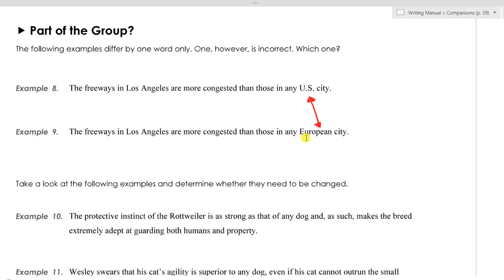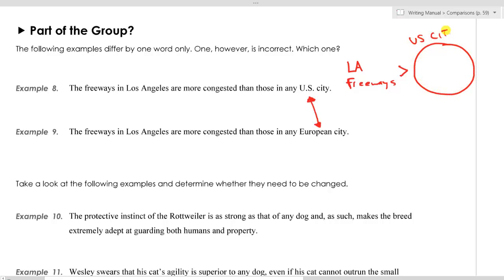So in example 8, here's what we've got. We've got LA. I'm gonna actually diagram this out. We've got LA freeways, and they are greater than, they are more congested than the entire set of US cities. Now remember that in the set of US cities, we have, let's say, NYC, we have New York.